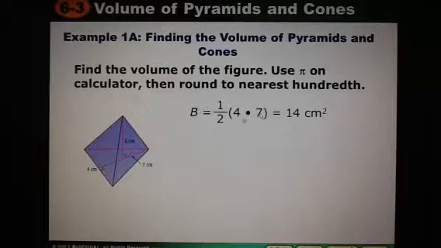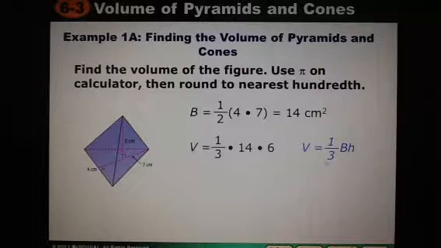So 1/2 of 4 times 7, which is 14 square centimeters, would fit on the surface in a 2-dimensional way on that triangle, and then when we build up with the height, we multiply that times 1/3 and times the height, and we end up with 28 cubic centimeters. 1/3 of 6 is 2, and then 2 times 14 is 28.